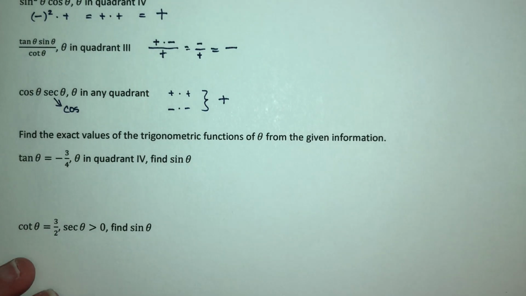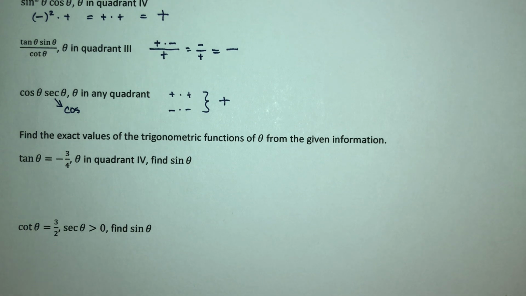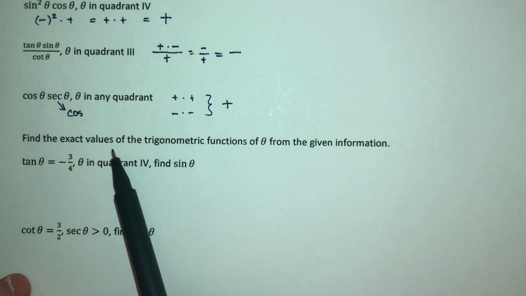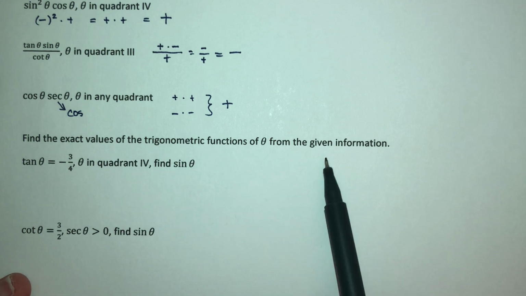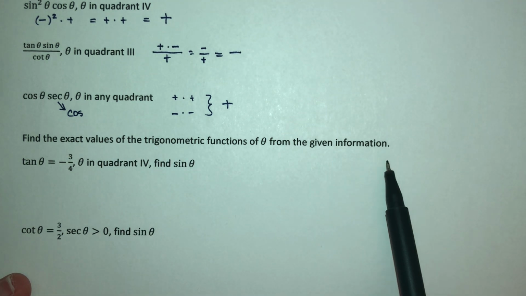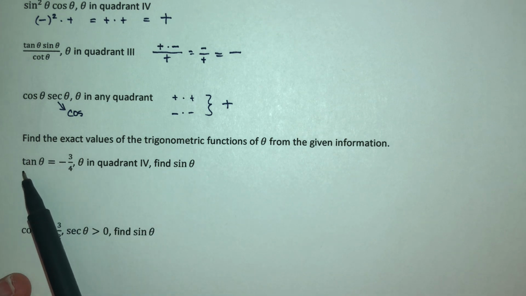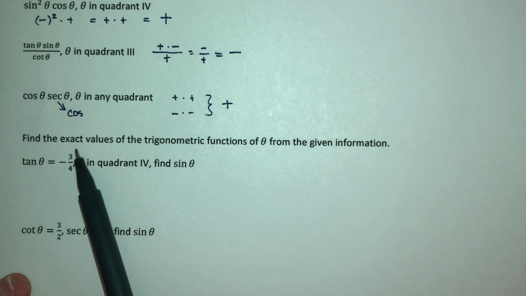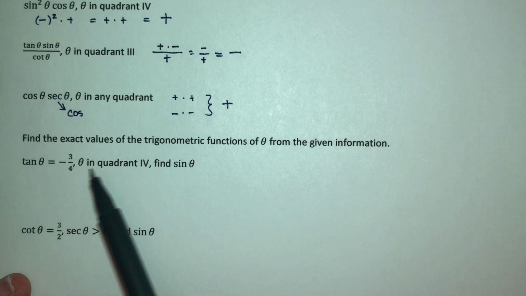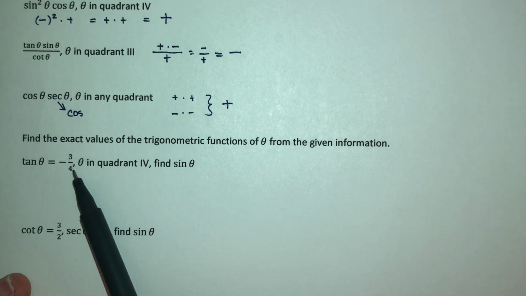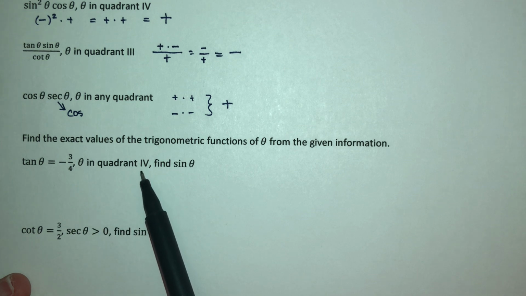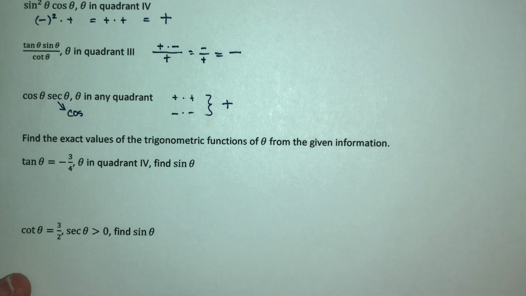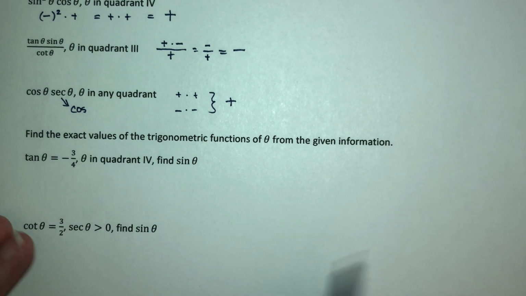Now let's look at a slightly different type of problem. We want to find the exact values of the trig functions of theta from the given information. We know that tangent of theta is equal to negative 3/4. We know that our theta value puts us into quadrant 4, and we're asked to find sine of that value. Okay, so what do we know?